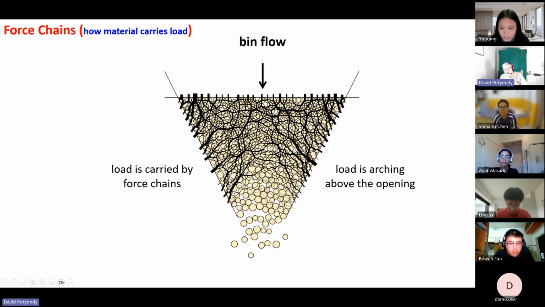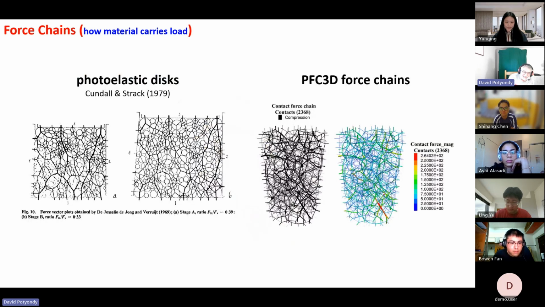This is another characteristic of a system of grains being compressed. Okay. This is photoelastic discs. These are things you can build in the laboratory. This is on the left. And they're photoelastic. And the result of being photoelastic means that when you squeeze them, they get loaded at these point locations.